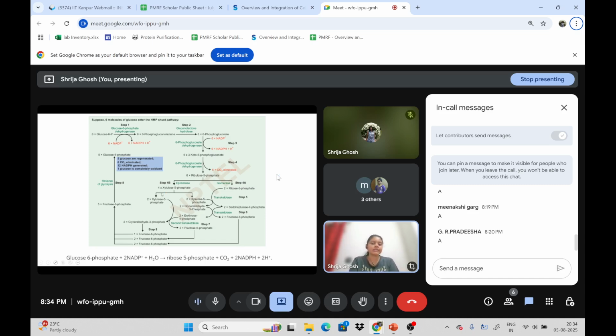Any difficulty in understanding any of the pathways, please let me know. Is it clear then?